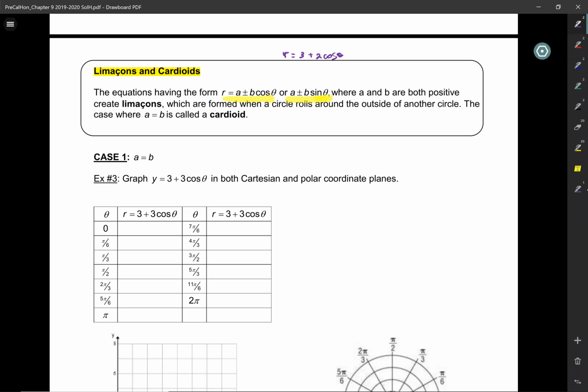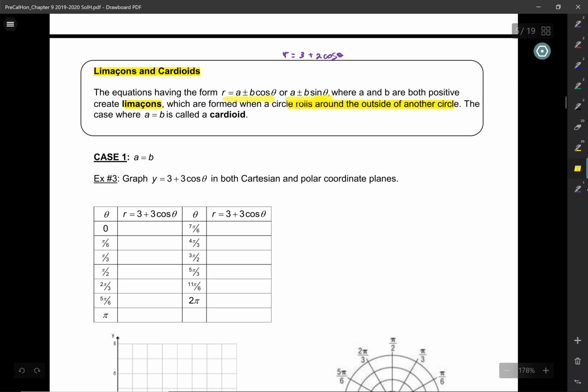That's what we're looking for. Now, if A and B are positive, you create a limaçon, which we're going to go over next time, but a limaçon is when a circle rolls around the outside of another circle. What does that mean? We'll talk about it tomorrow.